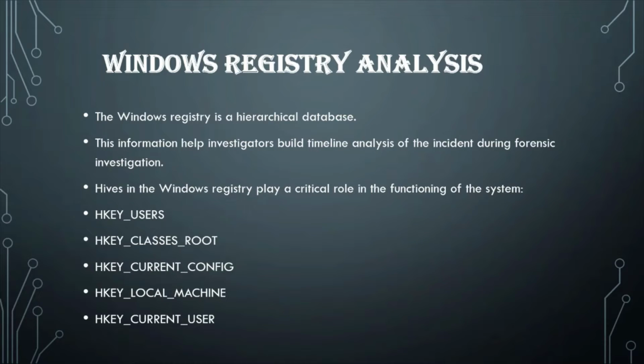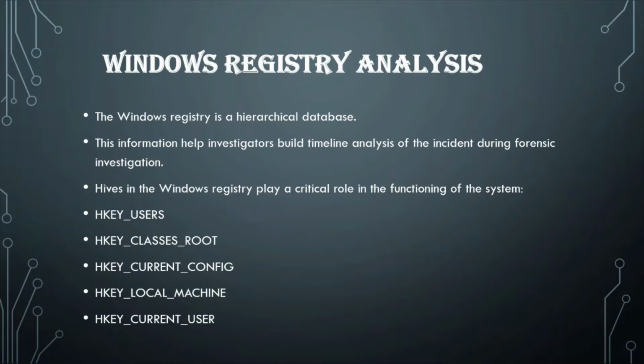Hives in the Windows registry play a critical role in the functioning of the system. What basically is a Hive? A Hive is a logical group of keys, subkeys, and values in the registry that has a set of supporting files loaded into memory when the operating system is started or a user logs in. So we basically see the Hives in the Windows registry. First is HKEY_USERS. It contains all the actively loaded user profiles for that system. HKEY_CLASSES_ROOT.